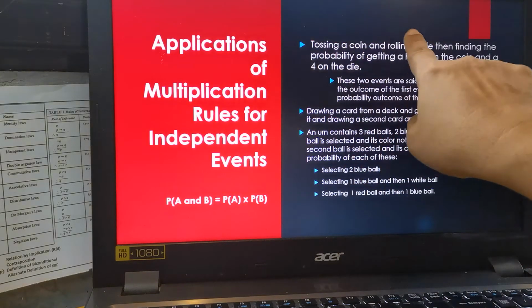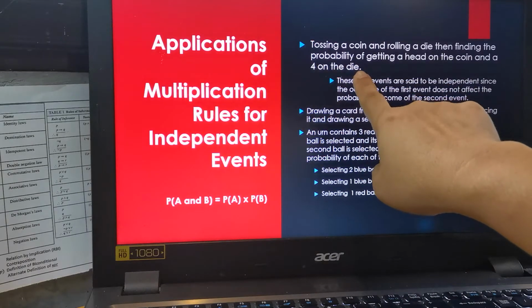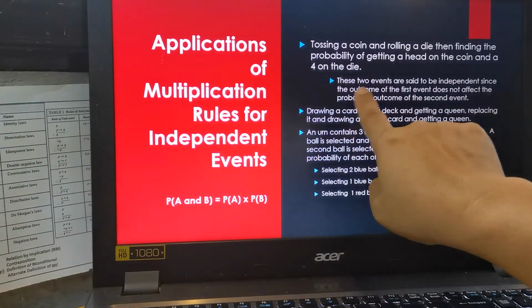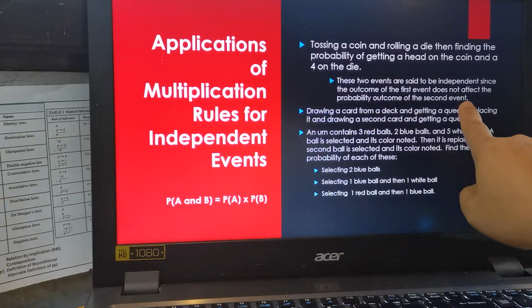So, tossing a coin and rolling a die, then finding the probability of getting a head on the coin and 4 on the die. So, these two events are said to be independent since the outcome of the first event does not affect the probability outcome of the second event.